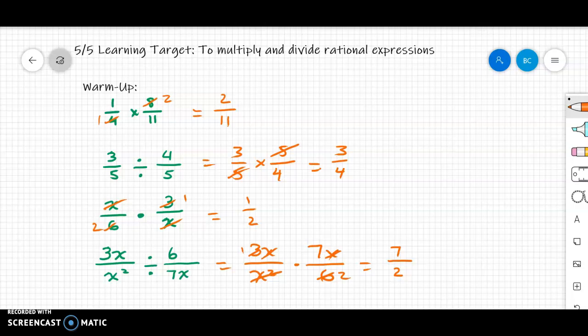And I also hope that you remember when you're dividing fractions that you first have to make it into a multiplication problem, changing it to multiplication and then changing the second term into its reciprocal. And it's really not called a term. I just messed that up because terms are added and subtracted.